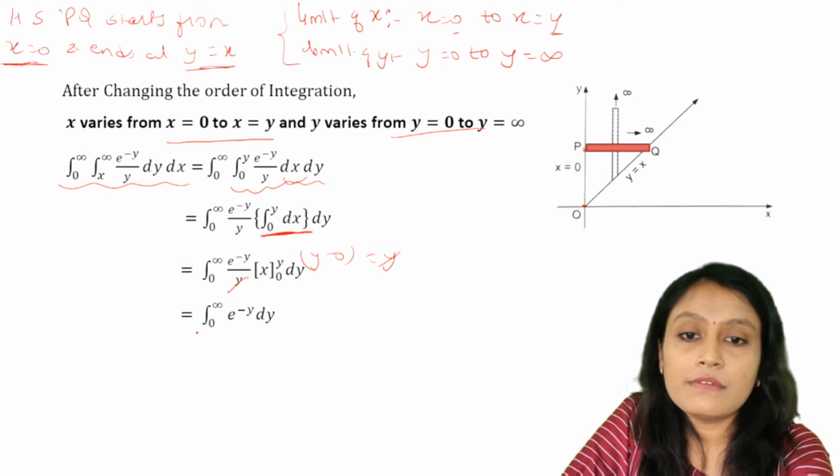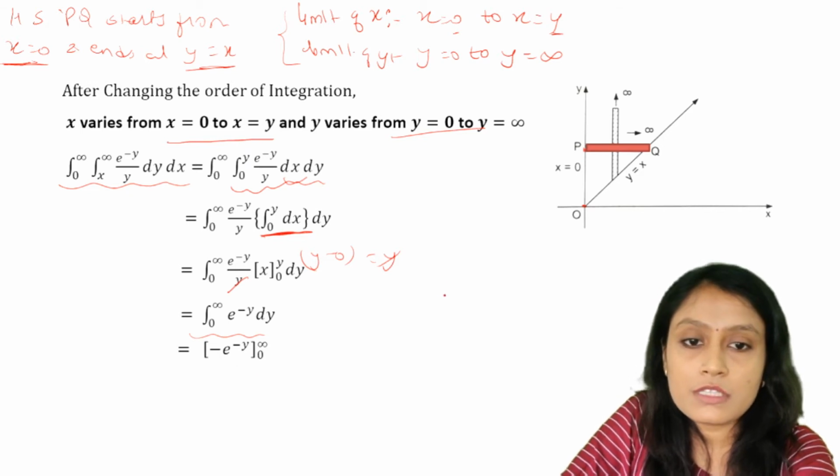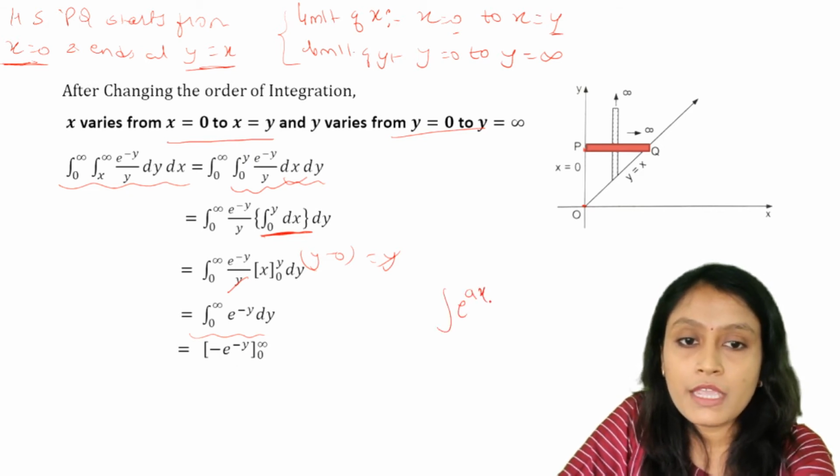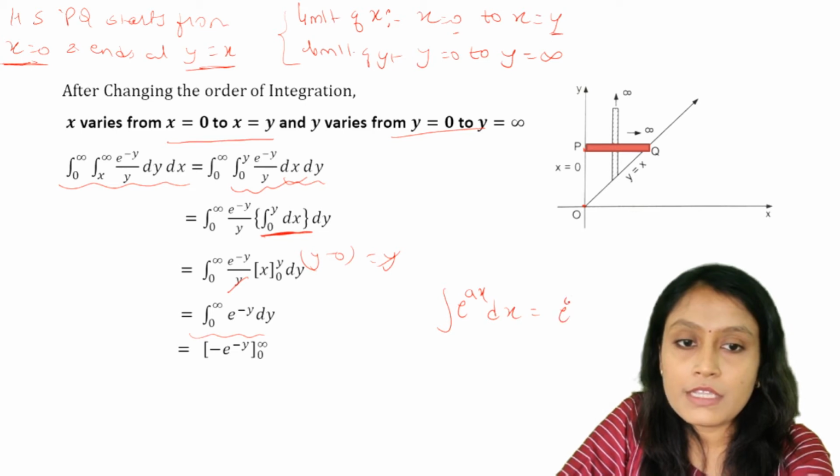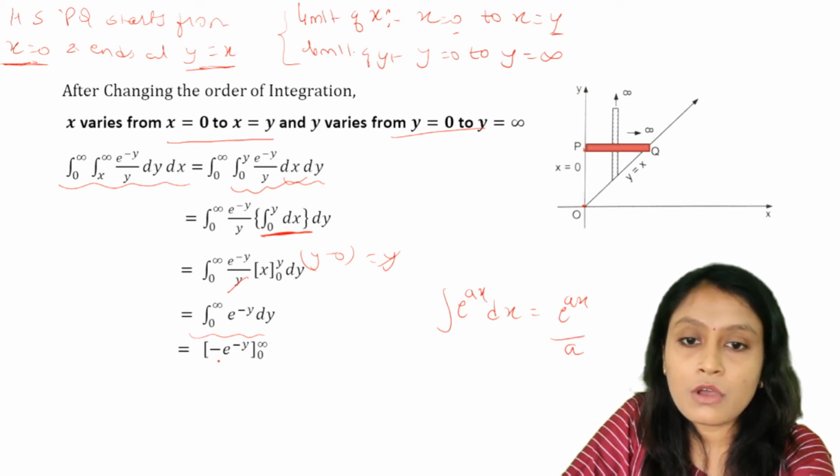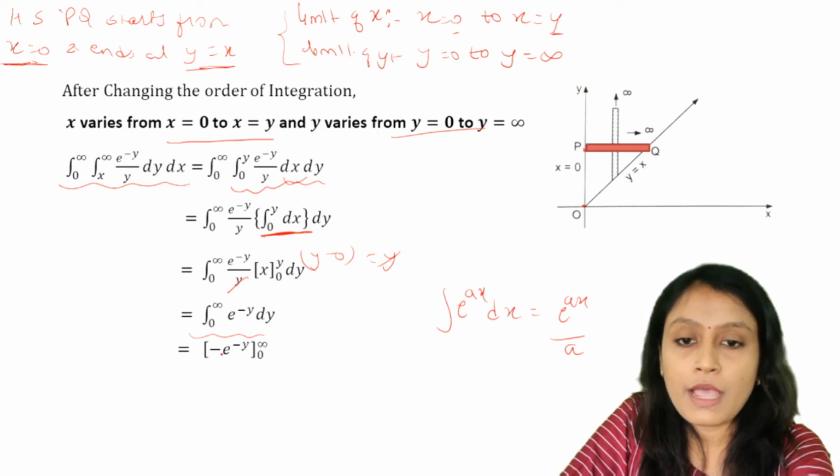Now we evaluate this integration, and you get e raised to minus y upon minus 1. We use the formula that the integral of e raised to ax dx is e raised to ax upon a. Here our a is minus 1, so we write the minus in the numerator: minus e raised to minus y, with limits 0 to infinity.